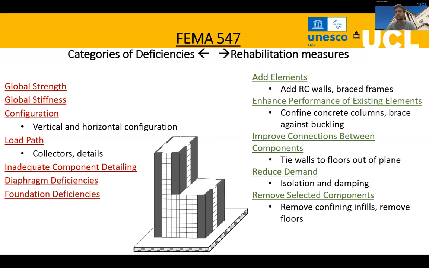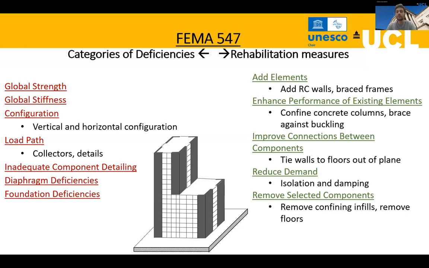Other possibilities to improve connections between components. You can also reduce the demand. If you isolate the base of the building, you will reduce the demand and the forces and the stresses that each one of the members will feel. And in that sense, you can improve also the behavior of the entire building.